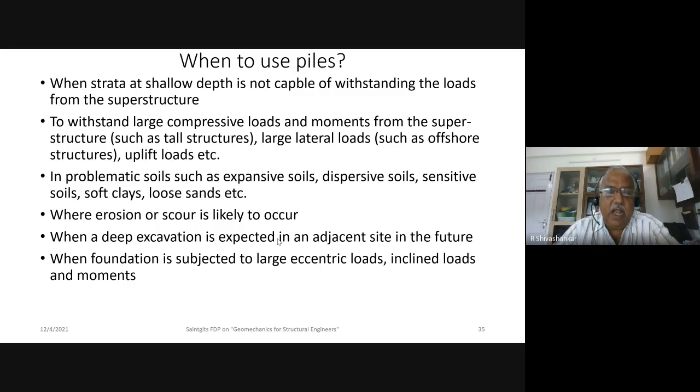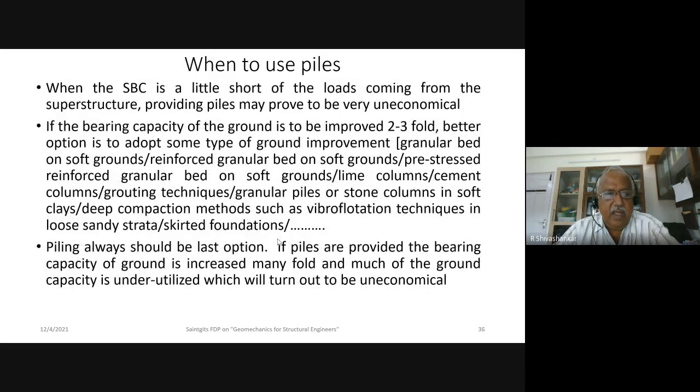As I said, pile is the last option because when you use piles, the overall cost of the structure will increase, and the substructure cost will also increase. Sometimes the soil in its natural state has a certain SBC, and if I put piles, the SBC will be increased enormously, maybe 20, 30 times.